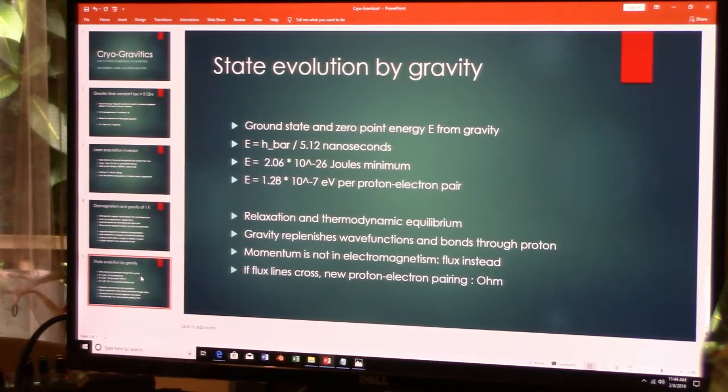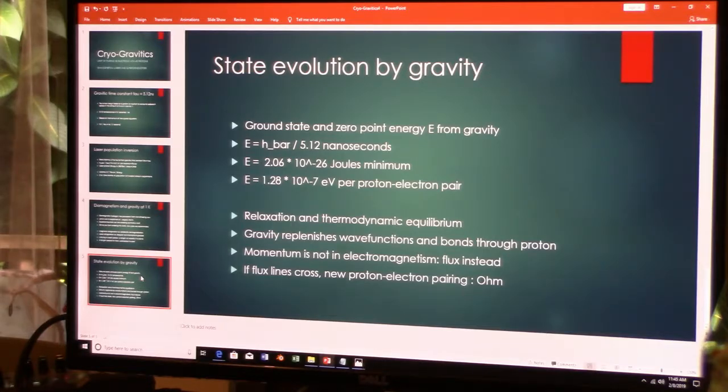So let's just look at the final slide here, state evolution by gravity. The ground state of an atom or molecule could be, say, at 1 degree or 5 degrees Kelvin or something. Now, the 0-point energy, however, has been noticed by chemists in reputable textbooks. You can see them talking about 0-point energy. And here I have proposed the calculation.